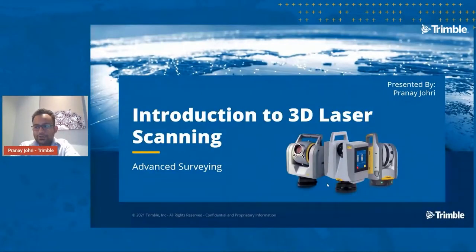So introduction to 3D laser scanning, that is basically some advanced surveying. Laser scanning has evolved from traditional surveying methods only. A lot of you might have been using traditional surveying methods, whether it is a simple distance measuring using a distometer, or using chain surveys, or even simply measuring the elevations using a variety of technologies by different companies.